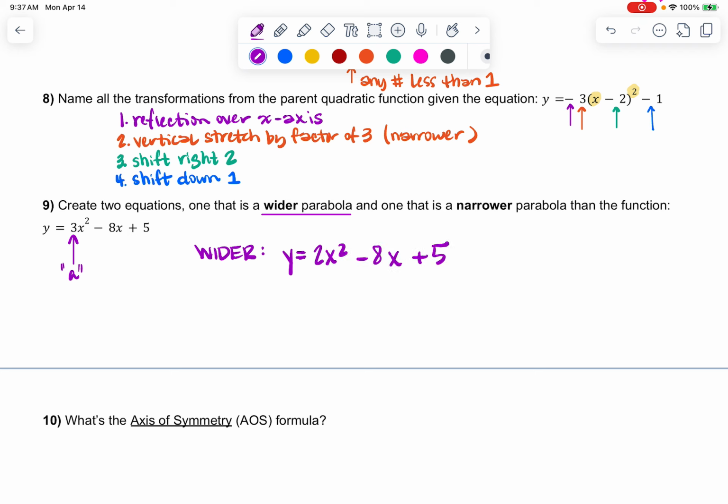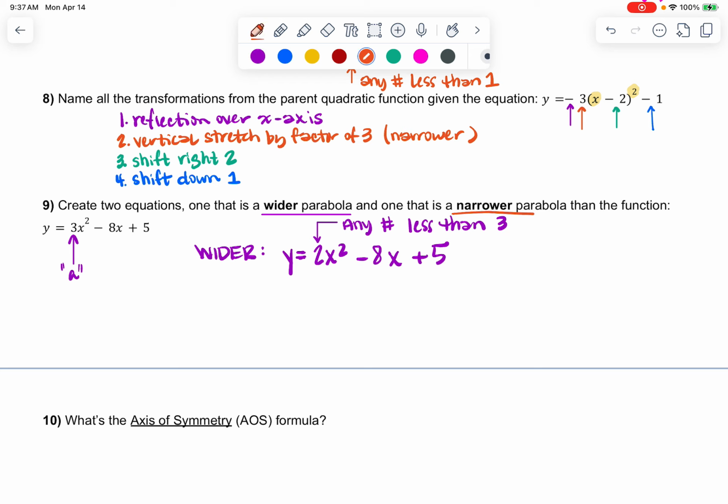Everything else can stay the same. I'm just picking any number less than 3. You can pick 1. You can pick a half. Like I said, it can be a fraction. Anything you want to do there.